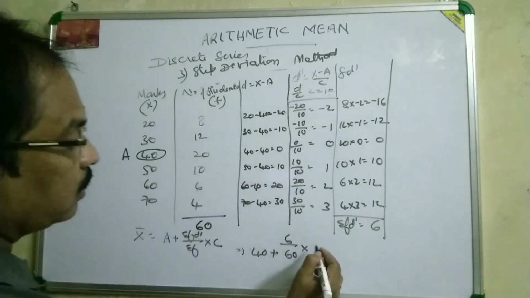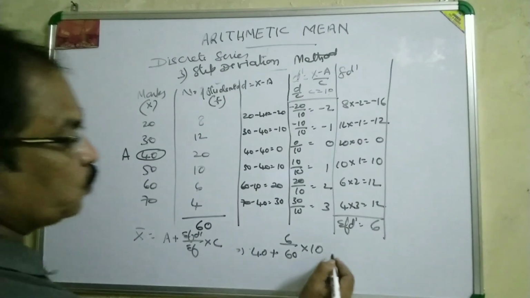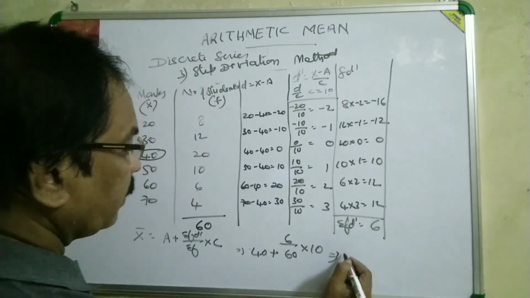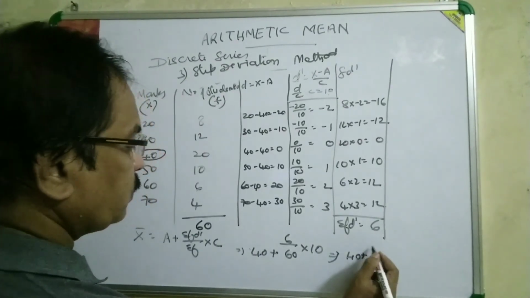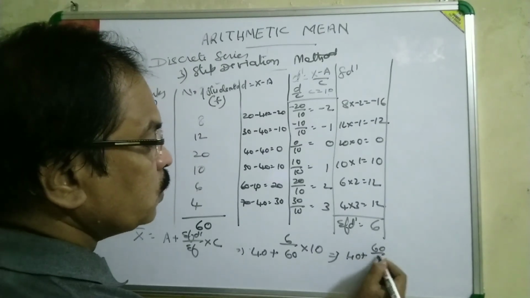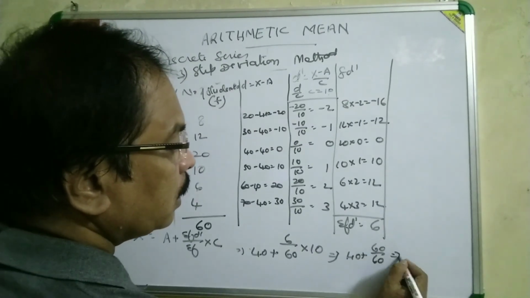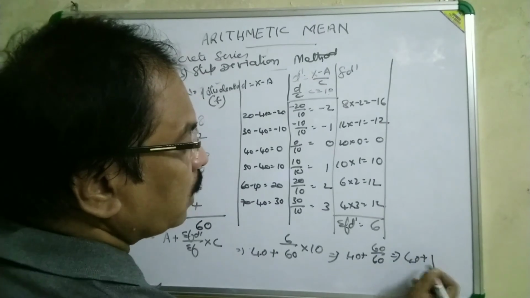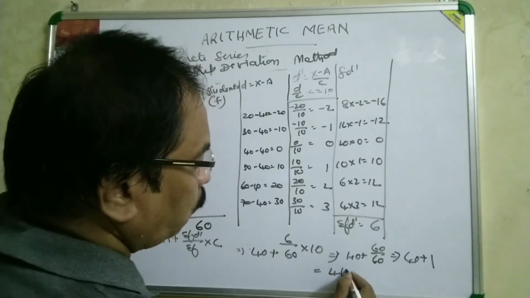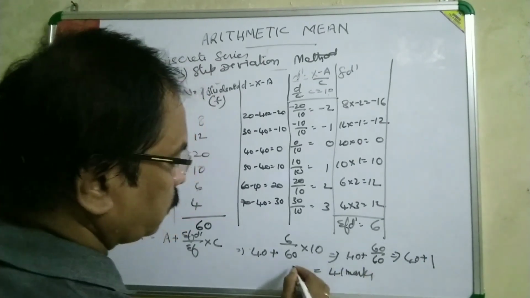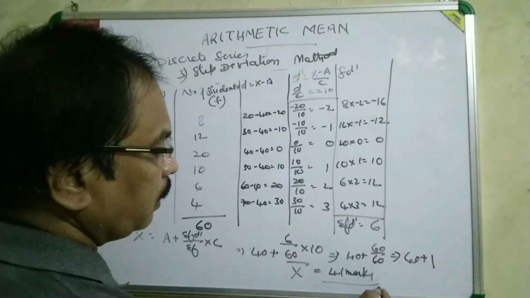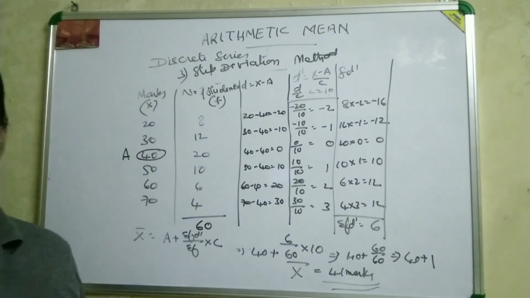C is your 10. So this will be 40 plus 60 upon 60, that is 40 plus 1 is equal to 41 marks. So your arithmetic mean is 41 marks.